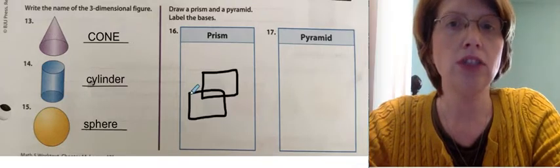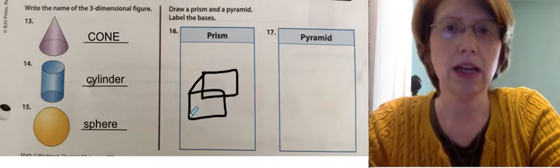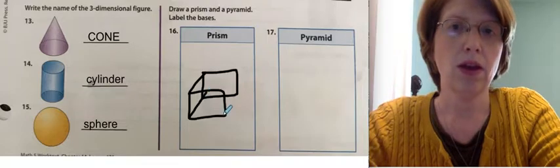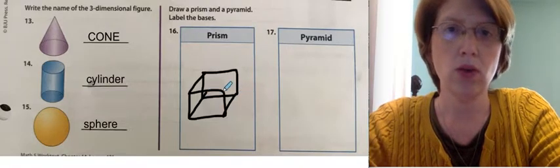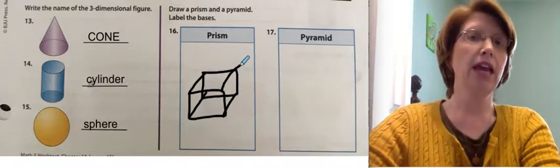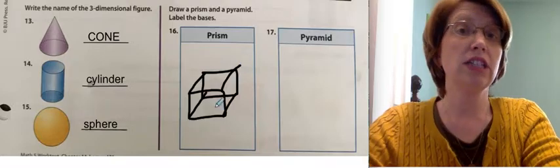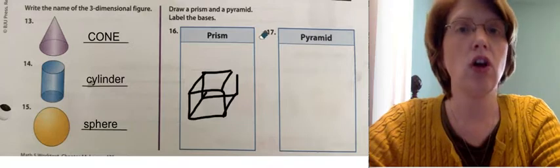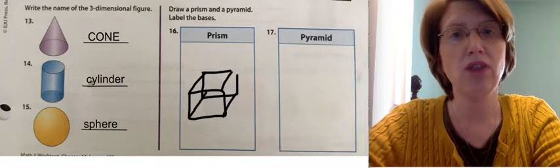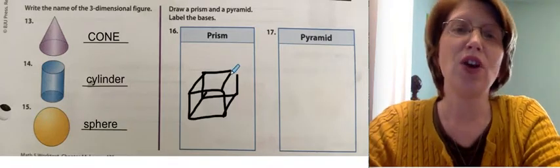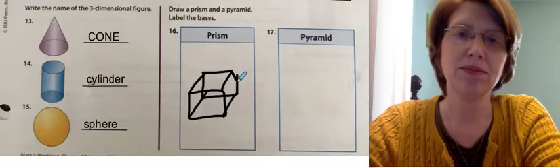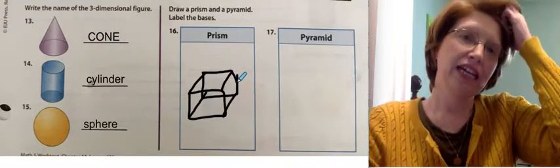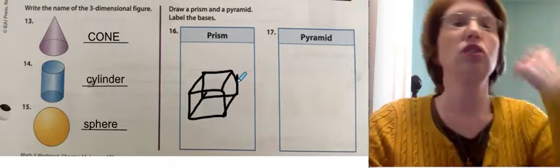Now all I have to do is connect my corners. I think the other one looked a little bit neater, but either way, that's two ways to draw a 3D prism.